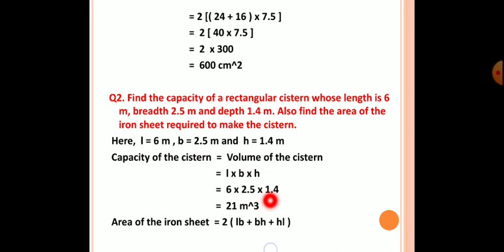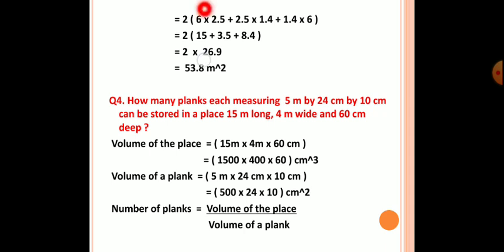Now in the question they have also asked us to find out the area of the iron sheet required to make the cistern. Area of the iron sheet required means the total surface area, that is 2 into length into breadth plus breadth into height plus height into length. So 2 into 6 multiplied by 2.5 plus 2.5 multiplied by 1.4 plus 1.4 multiplied by 6.